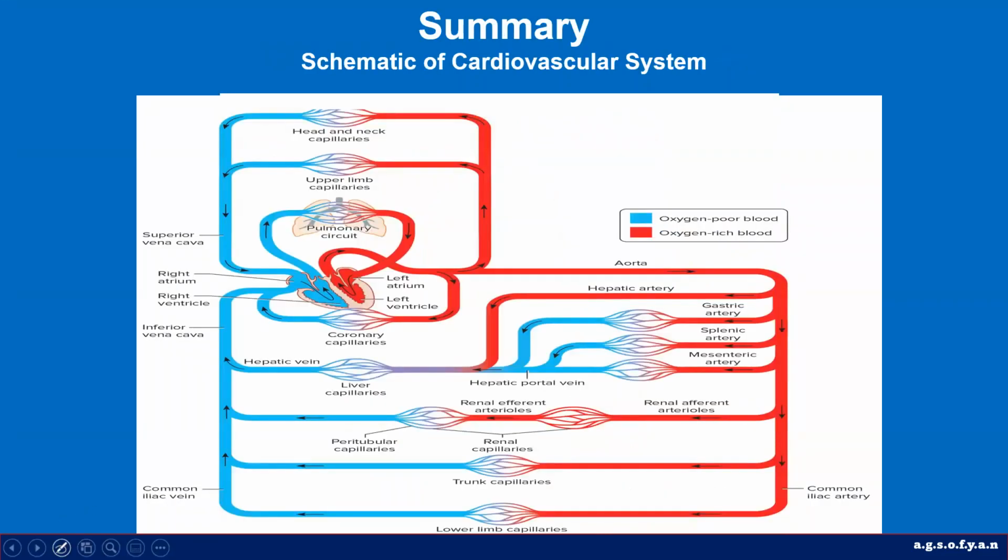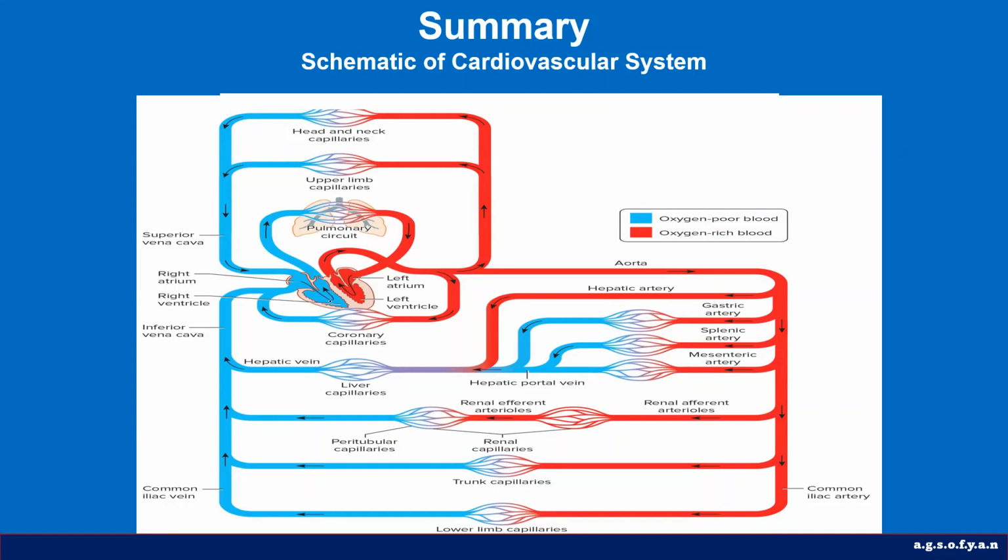Now, this is the summary of all circulations in our cardiovascular system. Let's start from the right side over here. So the right ventricle is going to be the pulmonary circuit, and the blood will be blue. The color will be blue because this is poor blood.